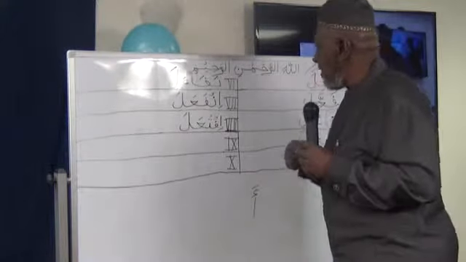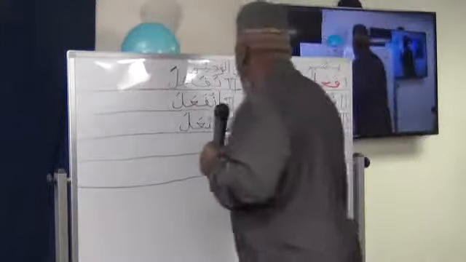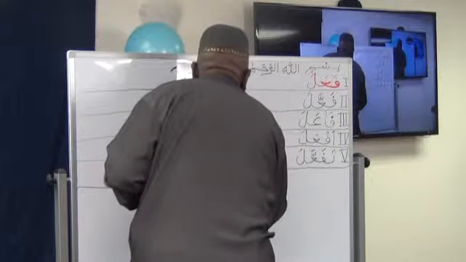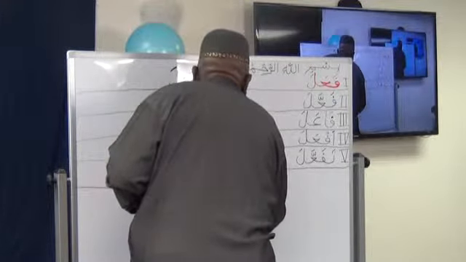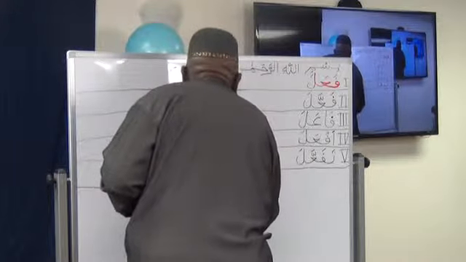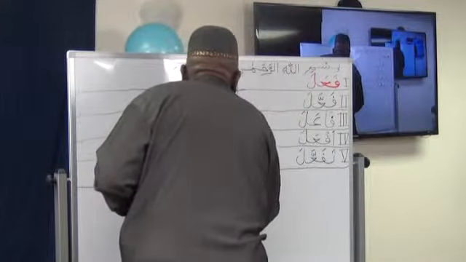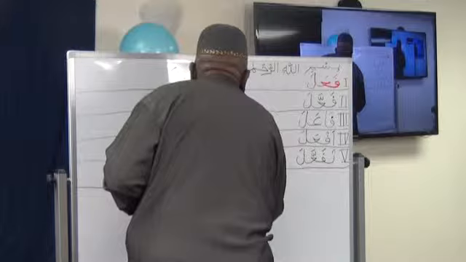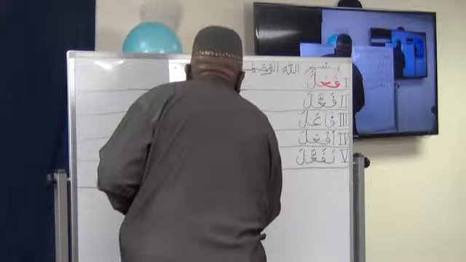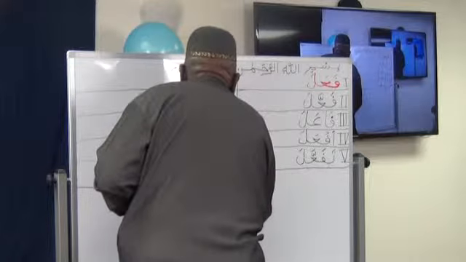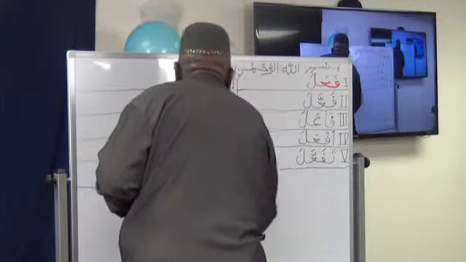And then we have again kasra: if. Now this is the only form where the shadda is going to go to the last letter. If, and that means something special.